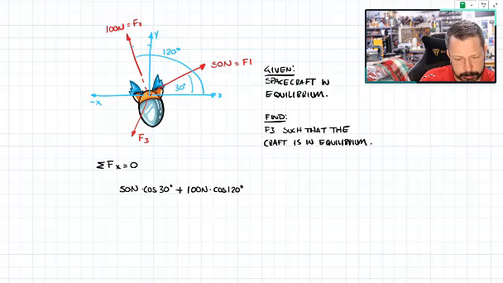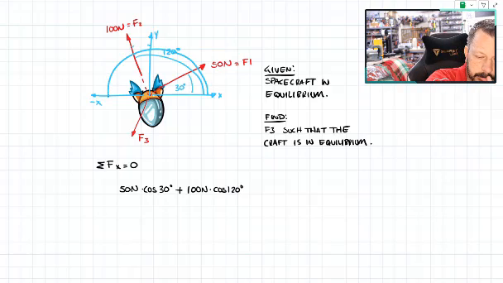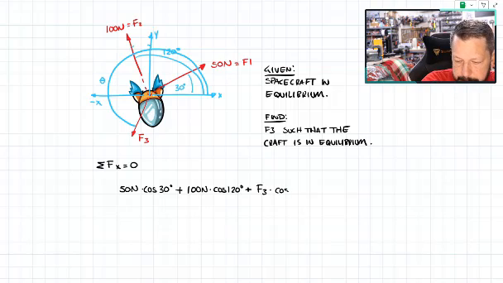Then I've got this one. Its angle is that whole big thing there, theta. Now if I measure that theta from the positive x direction, then I can use plus F3, I don't know its magnitude, times cosine theta equals 0.